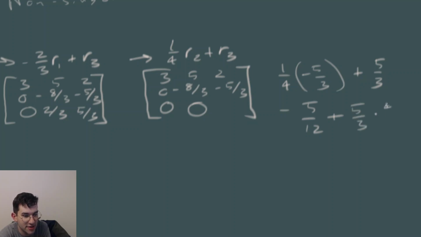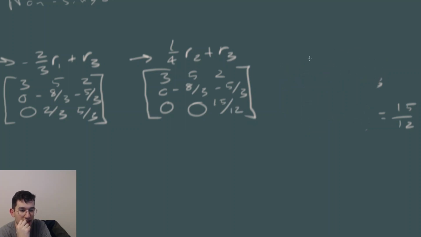Well, we times by 1, 4/4. So we end up getting 12 on the bottom. 5 times 4 is 20 on top. 20 minus 5 is 15. 15/12.